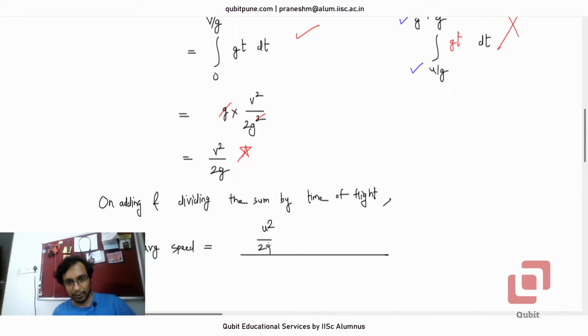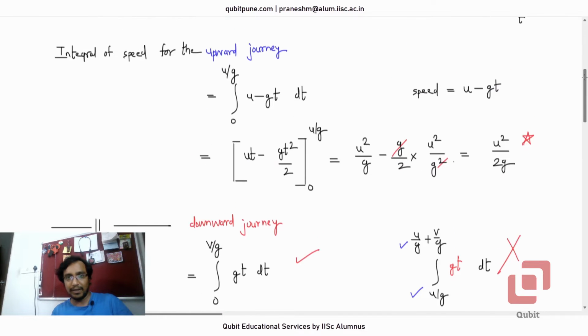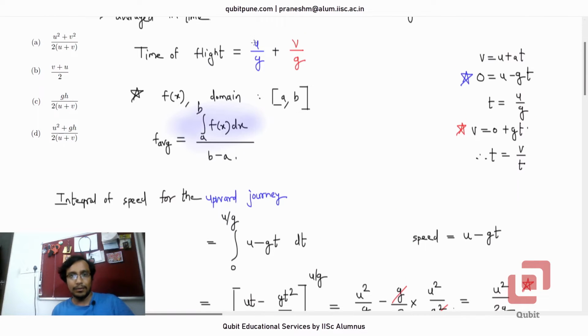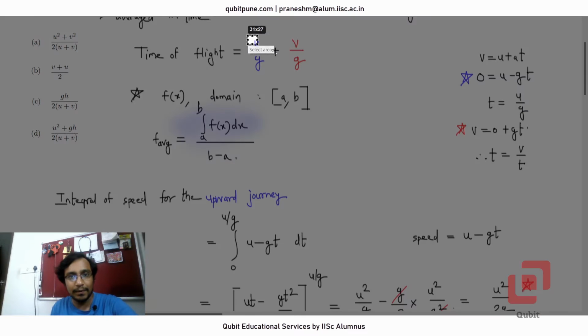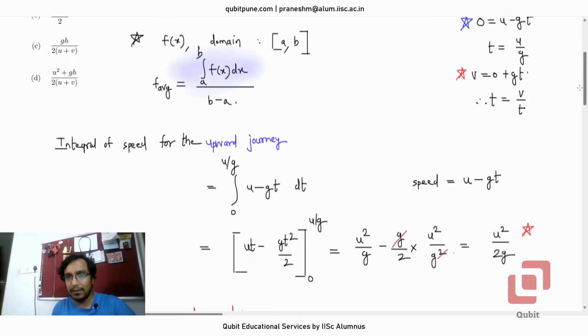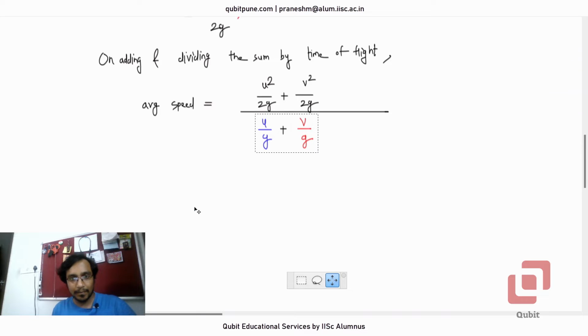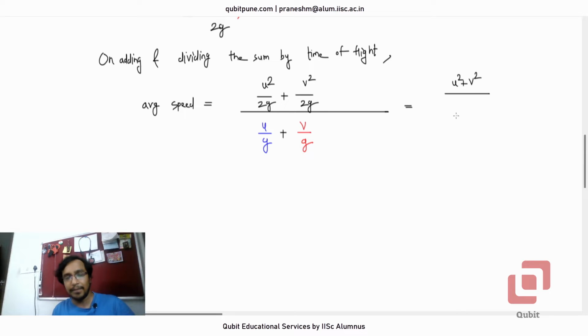So u squared by 2g plus v squared by 2g divided by the time of flight. The time of flight is u by g plus v by g. So it will be u squared plus v squared by 2 times u plus v, because g will get cancelled.